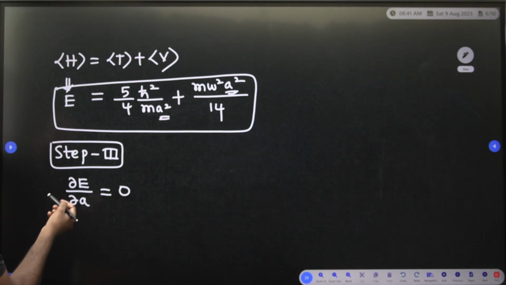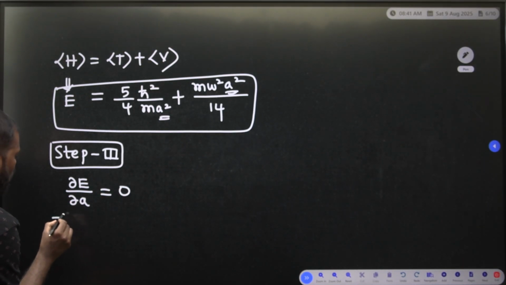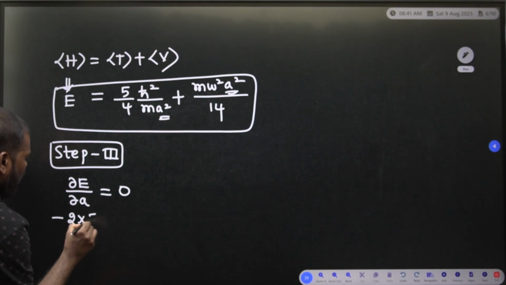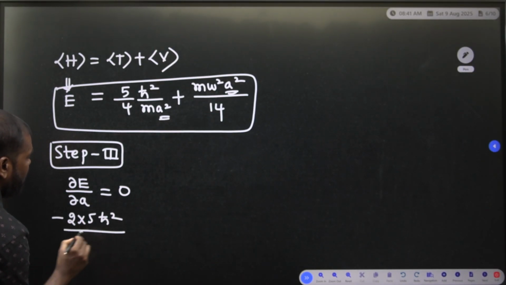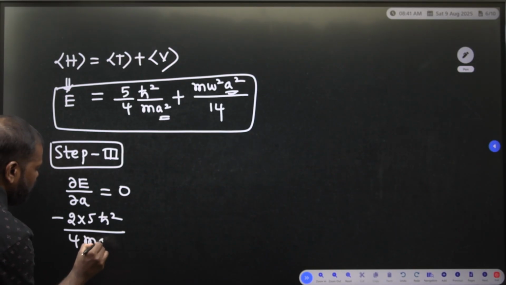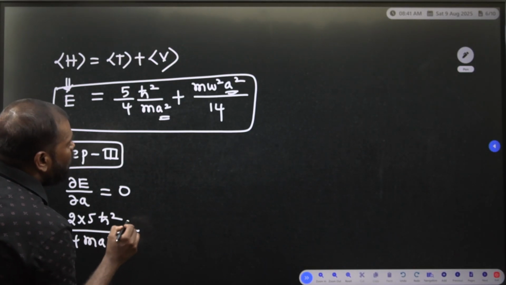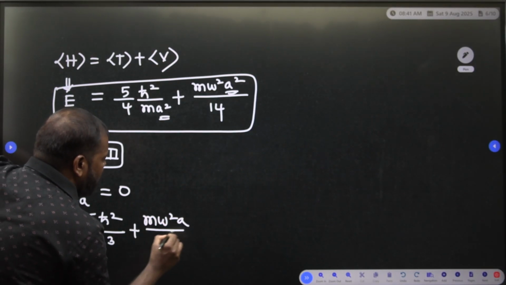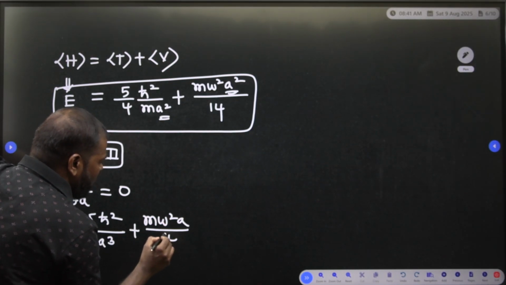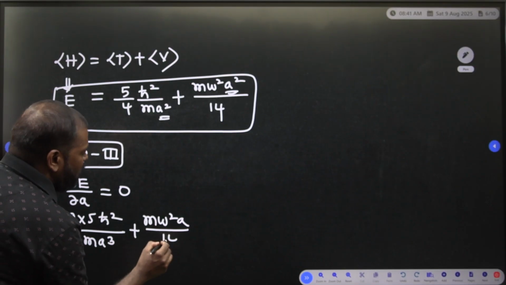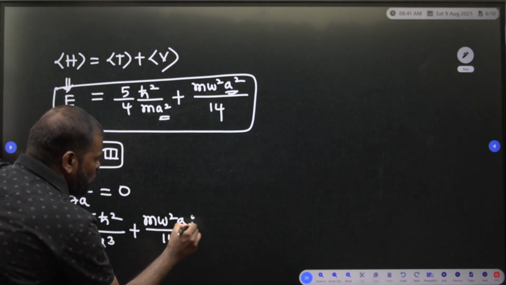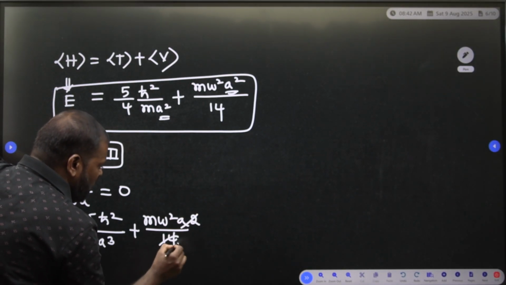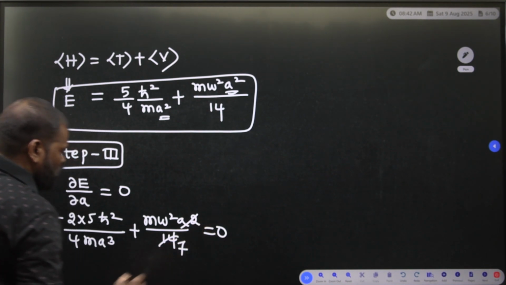So dou E by dou a is equal to minus 2 into 5 h cut square divided by 4 m a cube, plus m omega square a divided by 14 into 2, that is 7, which is equal to 0.